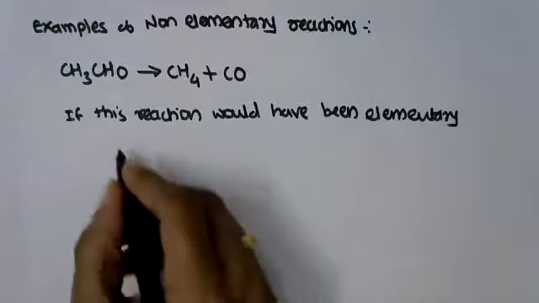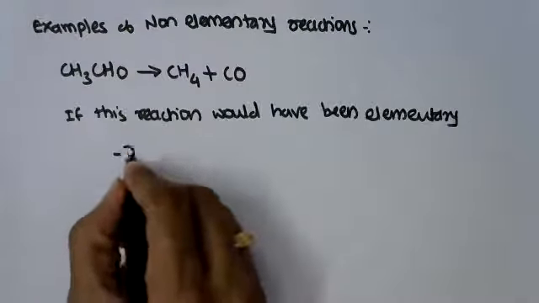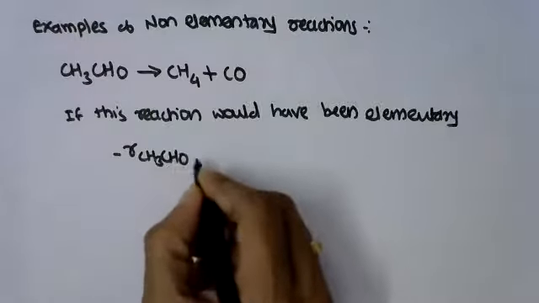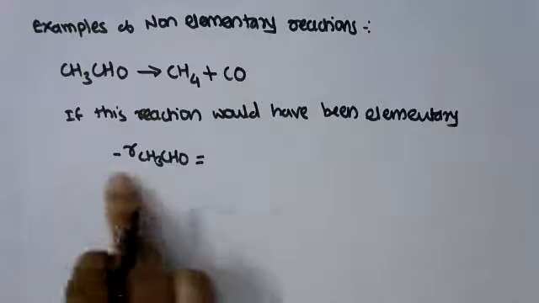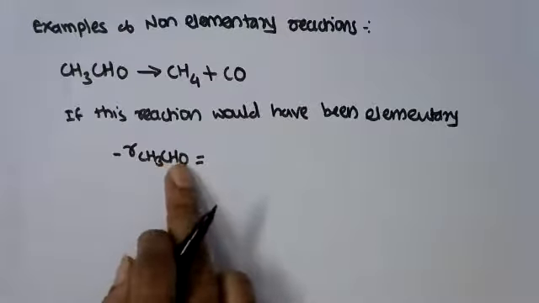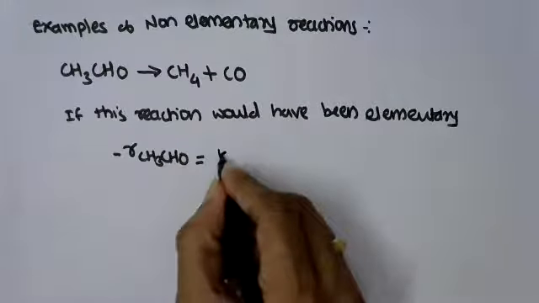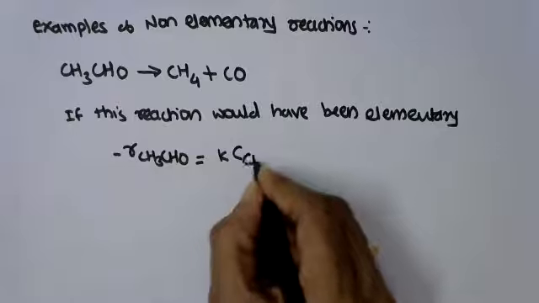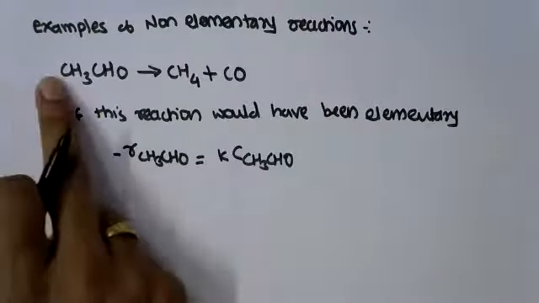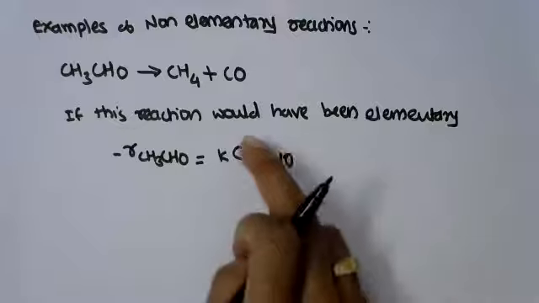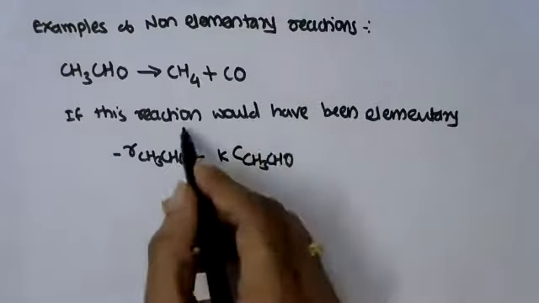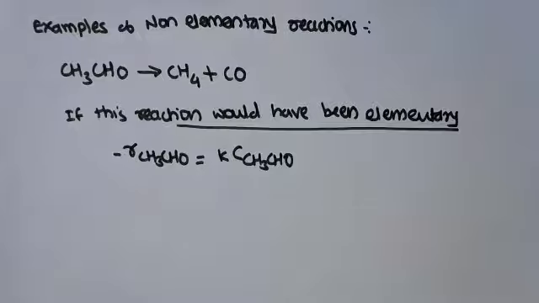then the rate expression would have been of the form minus rate of disappearance of this is equal to K concentration of CH3CHO. So molecularity is equal to 1, order of reaction is equal to 1 if this would have been an elementary reaction.